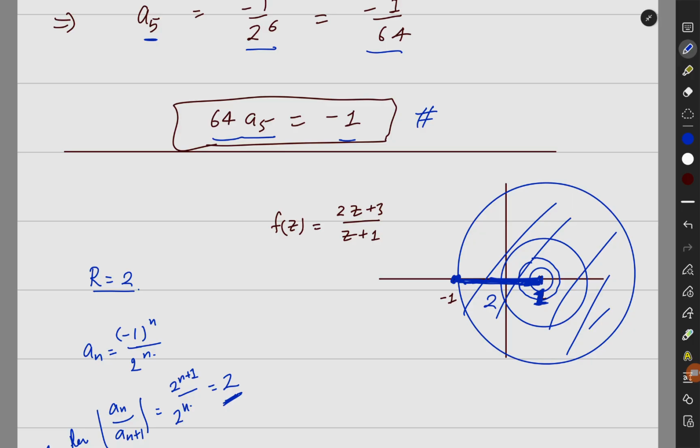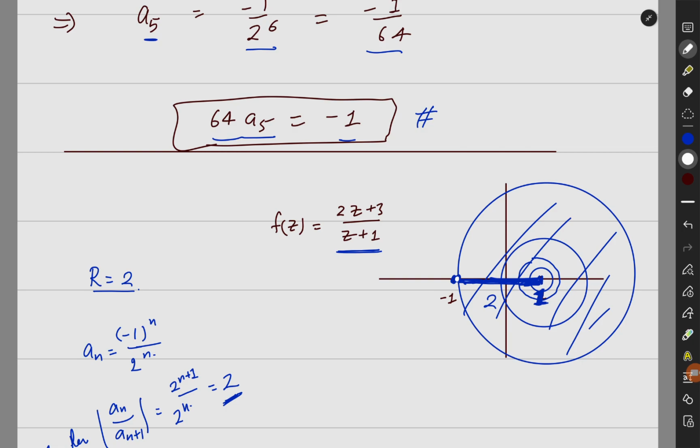The problem starts where the function has a problem: at z equal to minus 1 there is a problem, at this point on the circle. The interior of this disk is where the function is analytic as well as the power series expression. The problem is at minus 1, and minus 1 is called a singularity of the function.